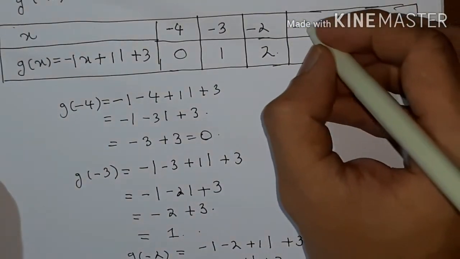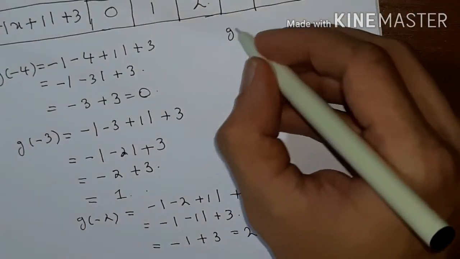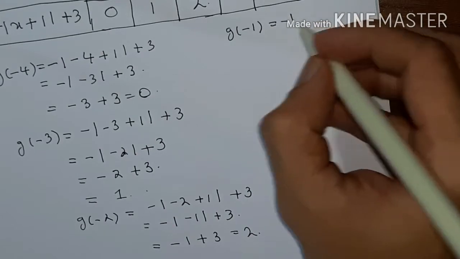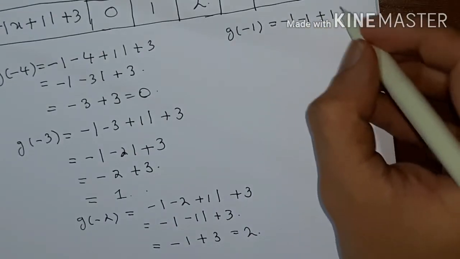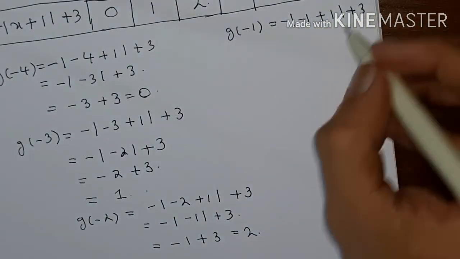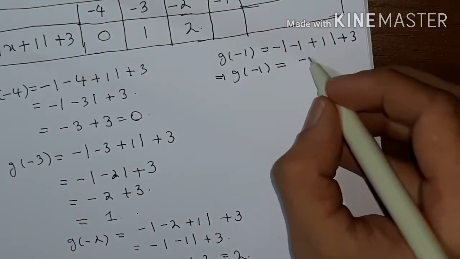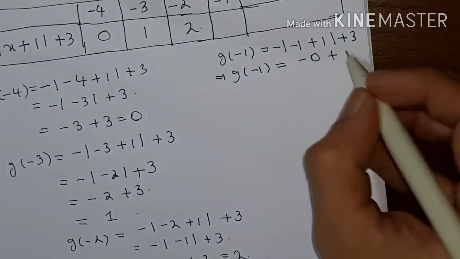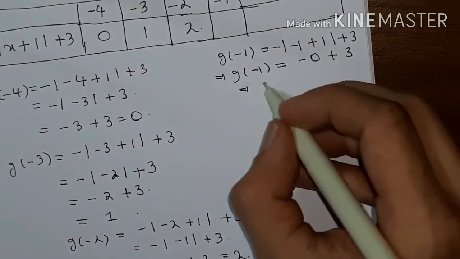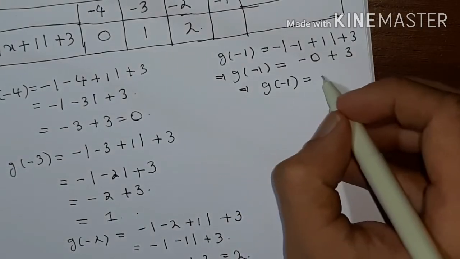Now if you take, say, minus 1, so g of minus 1 is minus of modulus of minus 1 plus 1, plus 3. So g of minus 1 is minus of 0, plus 3. So g of minus 1 is equal to 3.